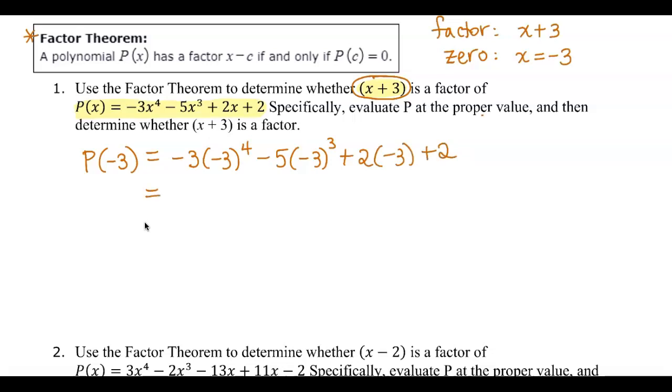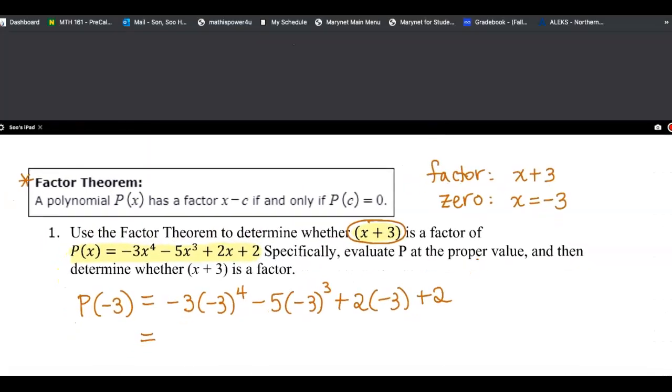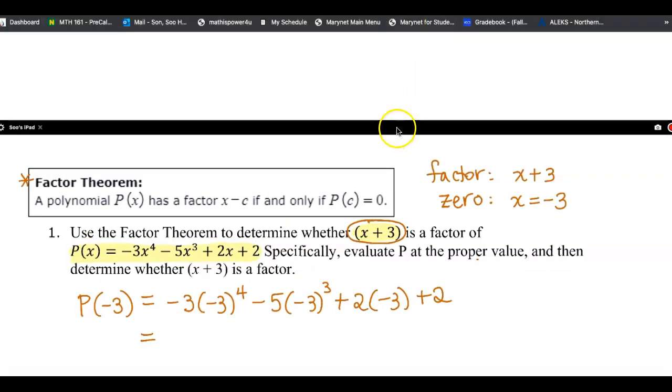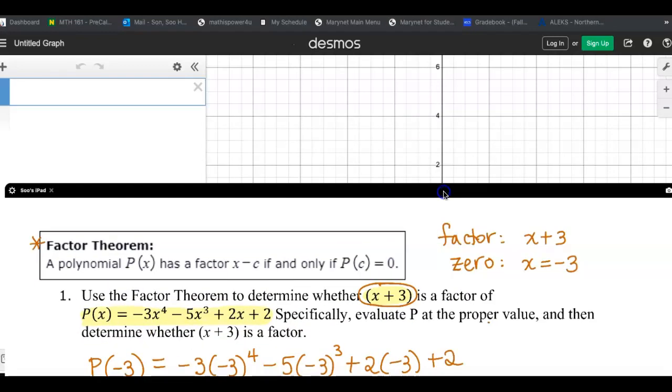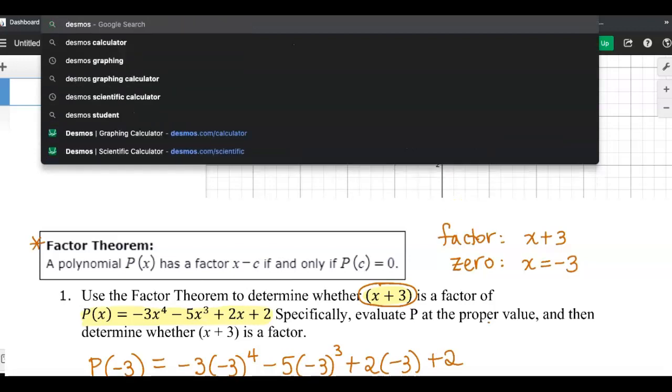I wish I had my scientific calculator with me, but I can just go to Google Chrome and go to a scientific calculator, Desmos Scientific. I will type that in here. Oopsies, I am at the graphing calculator. Let me go to the Desmos Scientific calculator.